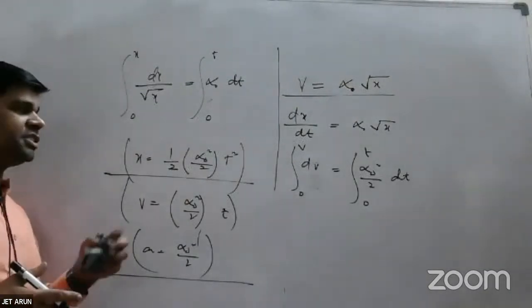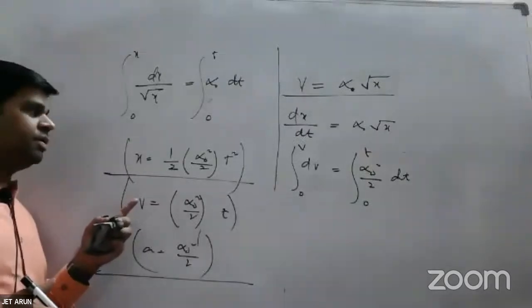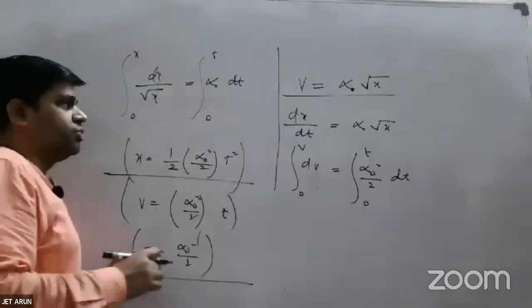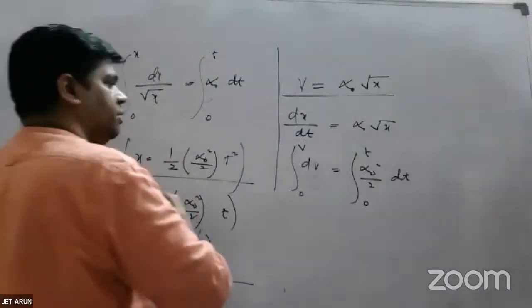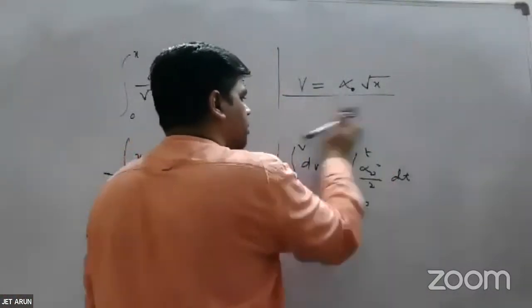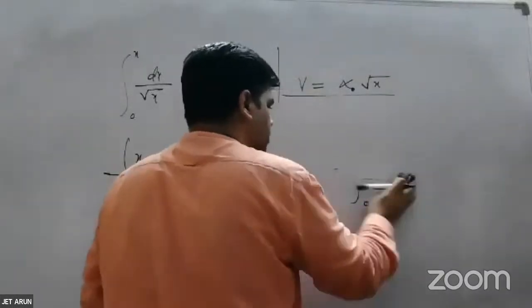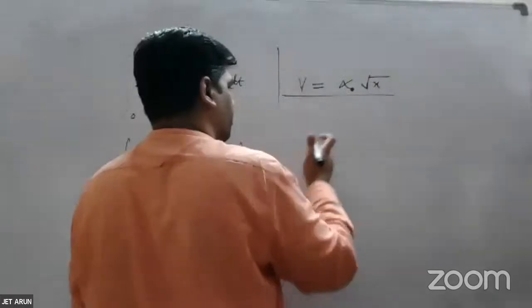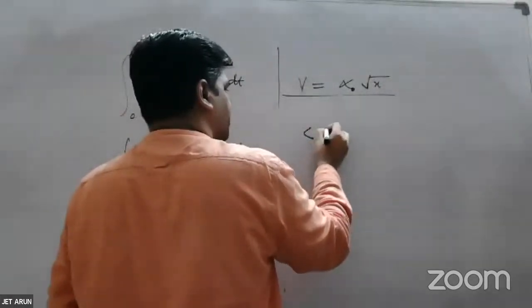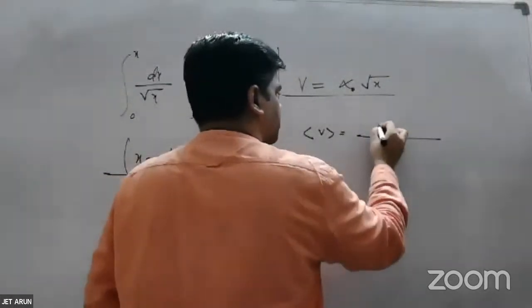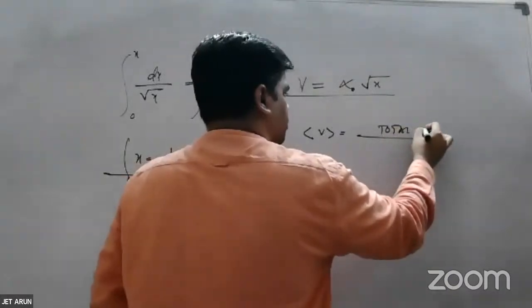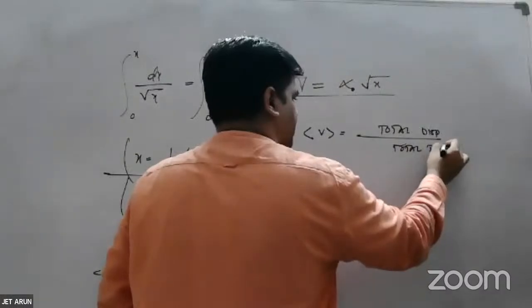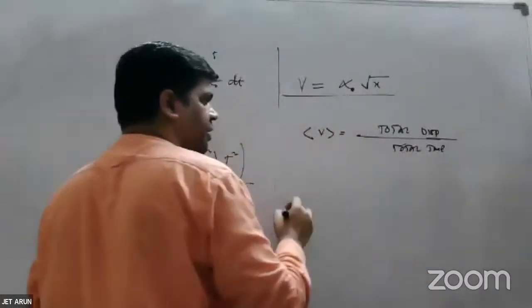In time t, what is the displacement? Half at square. So what is the total displacement now? Average velocity is total displacement by total time taken.